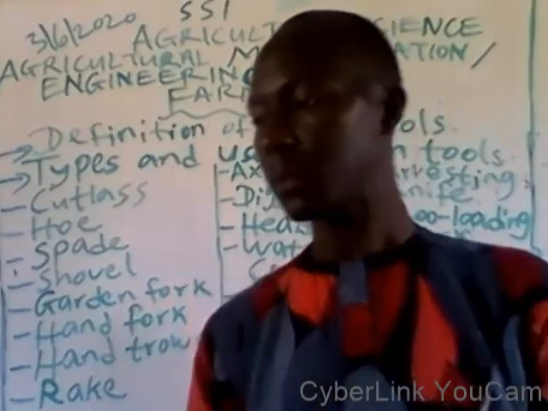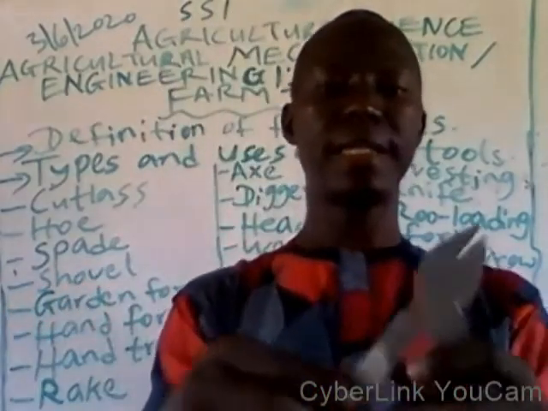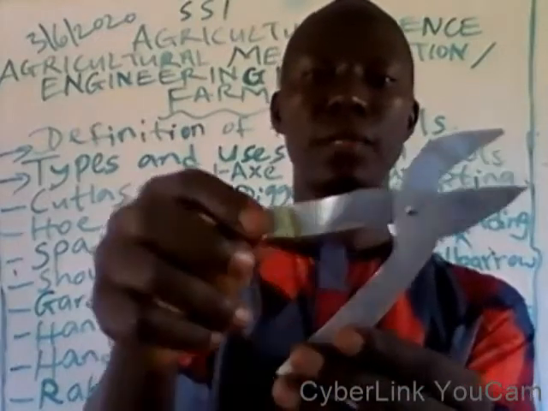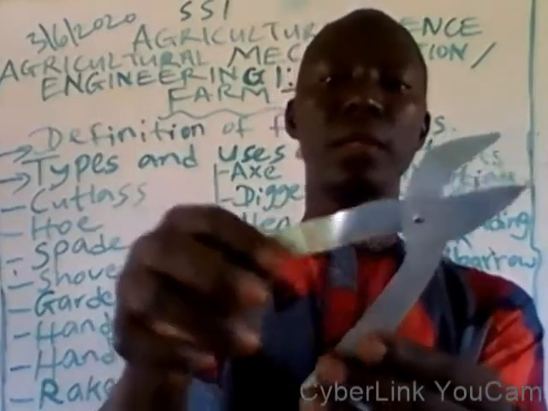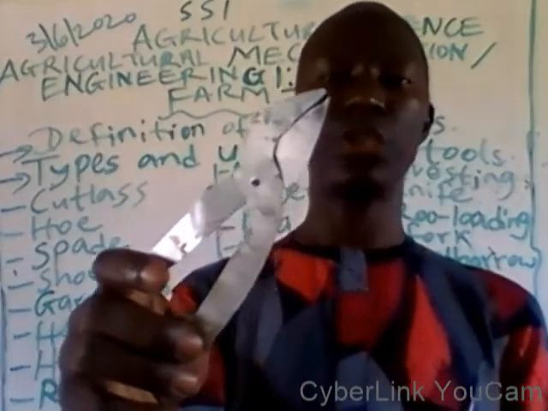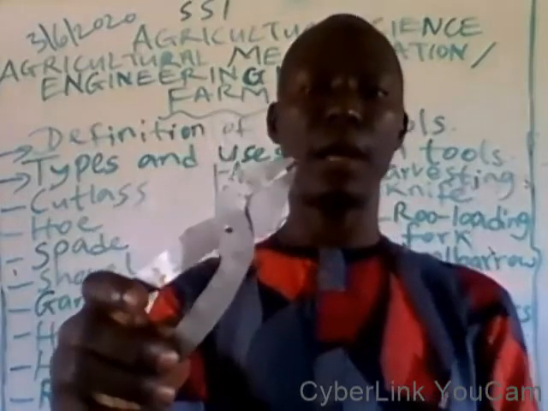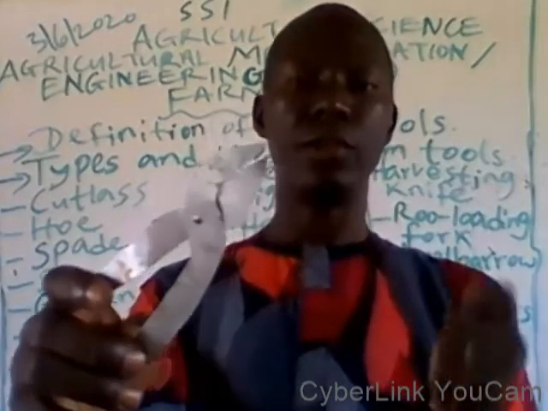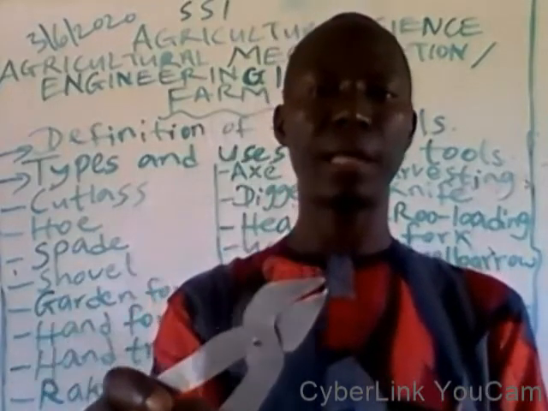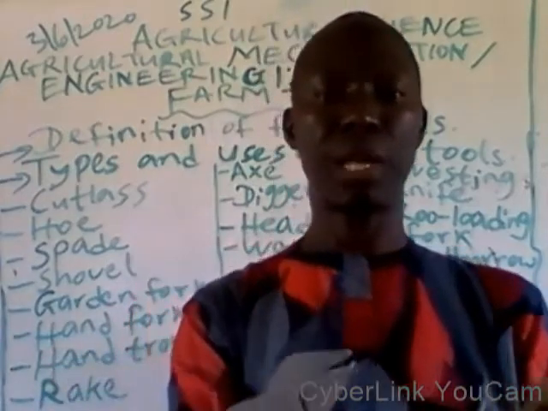The next tool here is sécateur. Can you see it? It's used for pruning operation in shrubs and also for cutting of the bud of plants when you want to bud it to another plant.